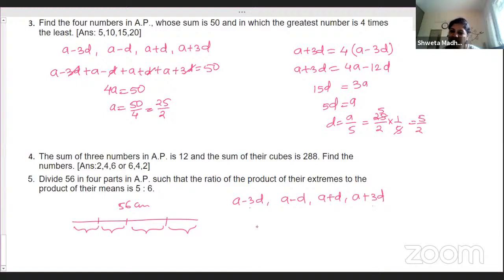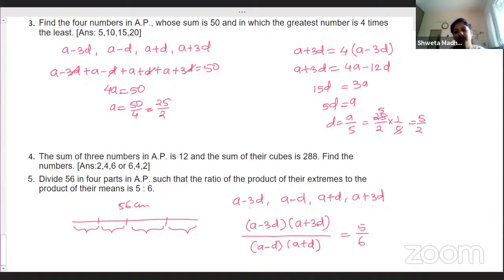Product of their extremes is a minus 3d into a plus 3d. The ratio of this to the product of the middle ones, a minus d into a plus d, is equal to 5 by 6. Clear?